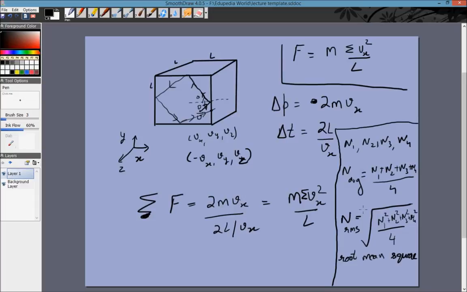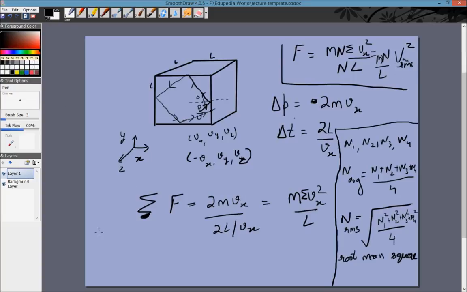So let's multiply this upper equation by capital N and divide it by capital N. Capital N is the number of particles. Remember our conventions. So summation Vx squared by N becomes Vx RMS squared, right, because right now we've only done it for x.